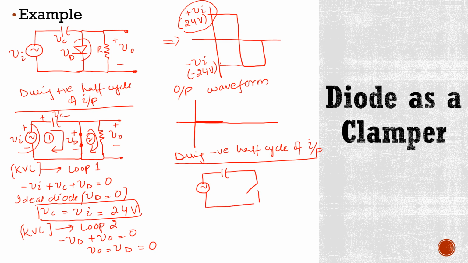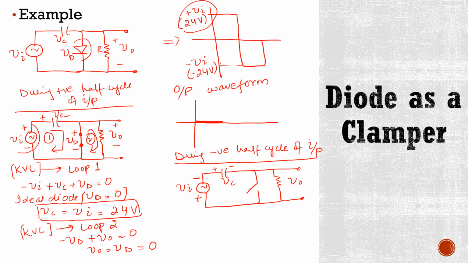Here this open circuit shows that this diode is off and it is not conducting. This is V0, this is Vc. Now this terminal is negative, this is positive, this is Vi. We know that this terminal is positive, this is negative.